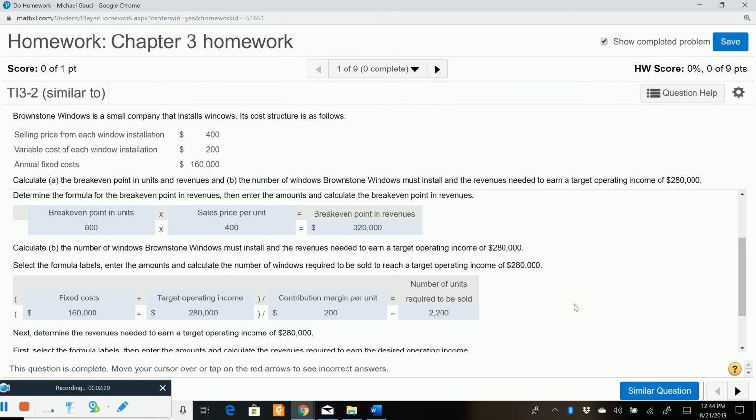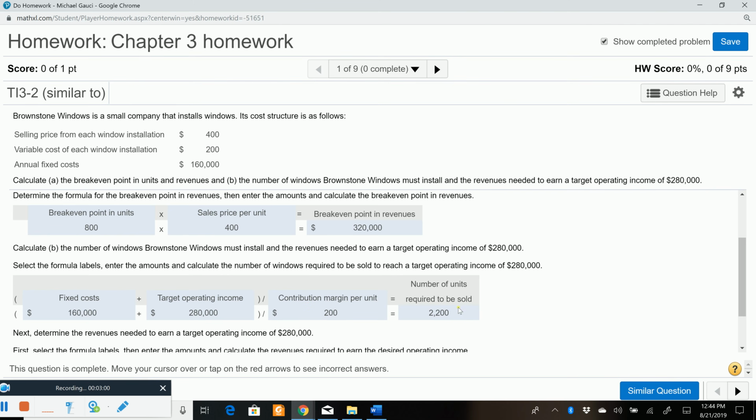So this is just a very simple exercise in understanding the break-even points. We're going to twist it a little bit and say, hey, on top of breaking even, I want to earn a target operating income of $280,000. Well, to answer that what-if question, you simply add the target profit to the fixed costs in the numerator. Once you do that, the denominator is still contribution margin per unit.